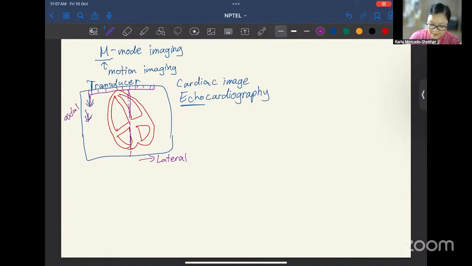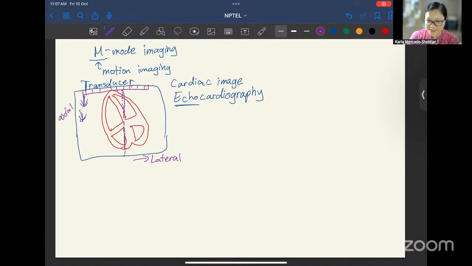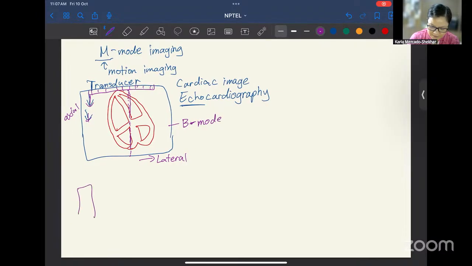Ultrasound is almost real time. B mode imaging is typically 100 frames per second. M mode imaging is actually taken from a B mode image. So this is your B mode image, but M mode uses these B mode images that you take over time, in seconds.